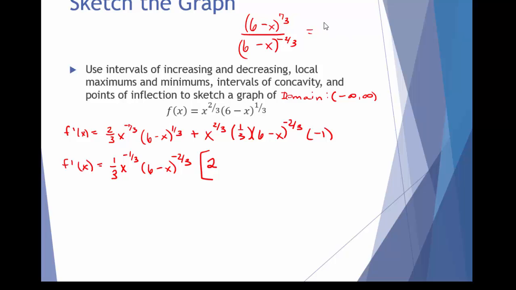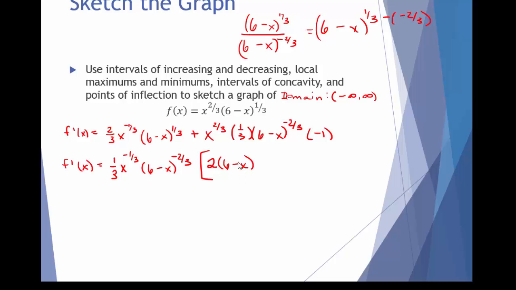Notice they have the same base. It's 6 minus x to the 1/3 minus negative 2/3. When you do that, you add 1/3 plus 2/3, also known as 3/3, also known as 1. So you end up with (6 minus x) to the 1, which is just 6 minus x.